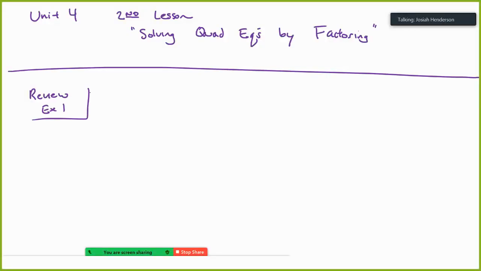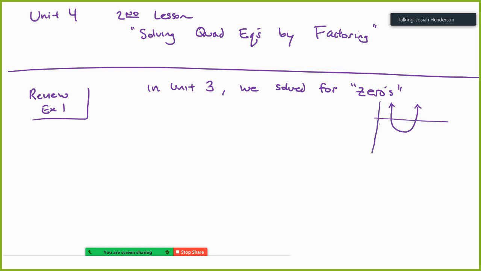Example 1. In Unit 3, we were asked to solve for zeros. We solved for zeros of a quadratic. So remember, the zeros are where, if we graph the thing, it's crossing over the x-axis. This spot and this spot.